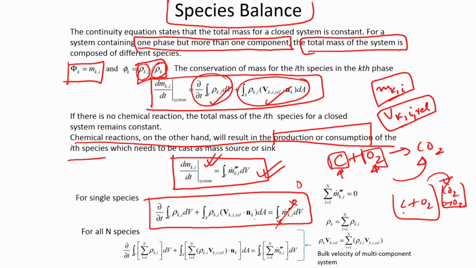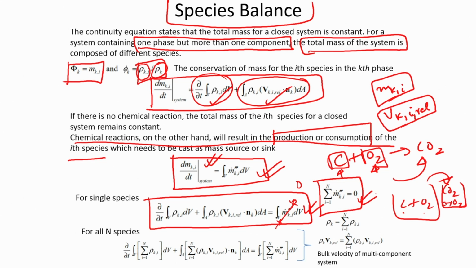Taking into account chemical reaction, you produce mass within the control volume, a rate of mass production within the control volume. But note one other thing, the rate of production or consumption of mass of the ith species and all the species combined has to be equal to 0, because globally the mass has to be conserved.